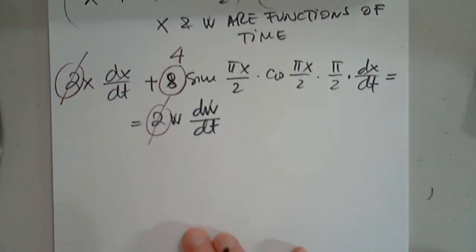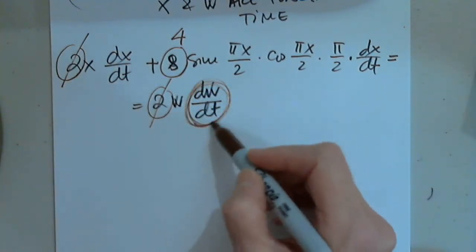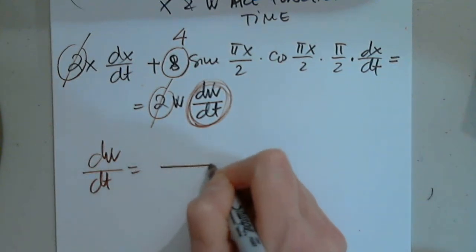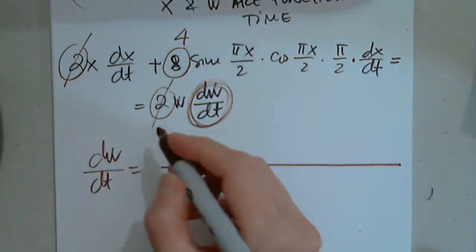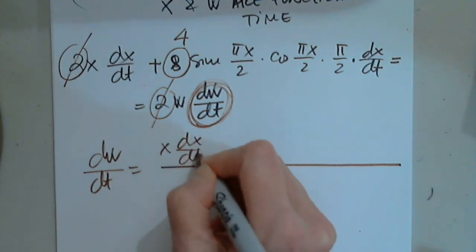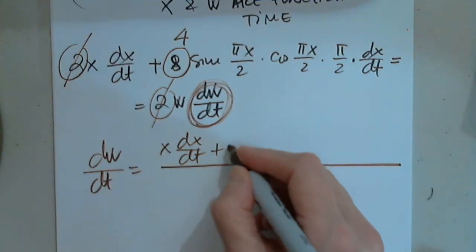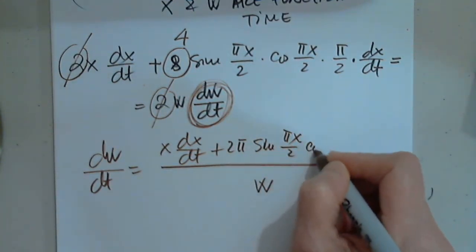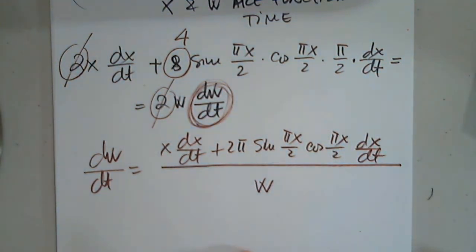And I'll simplify it again later. I'm solving for dw over dt, this is our interest, this is our scope here, divided by w. So x dx over dt, and now 4 divided by 2 is 2, plus 2 pi sine pi x over 2 cosine pi x over 2 and dx over dt.